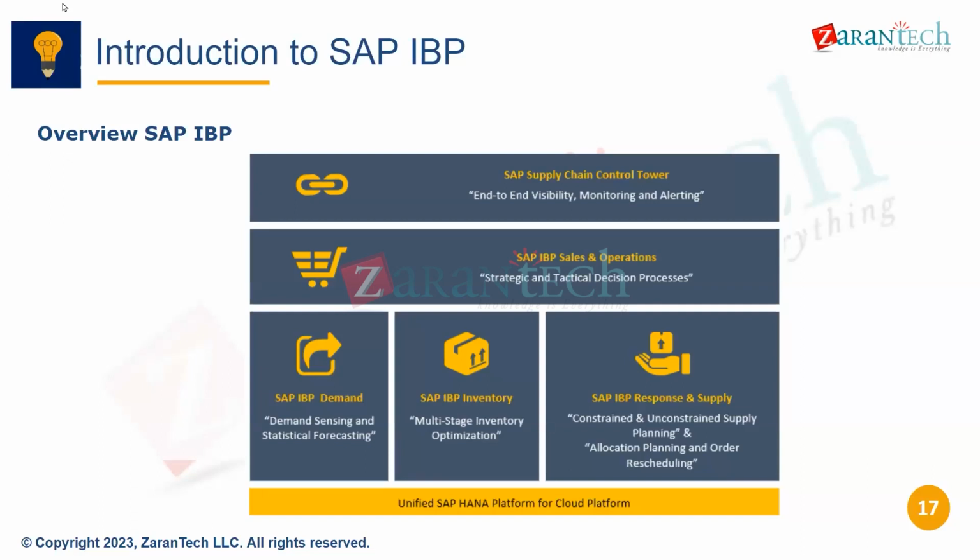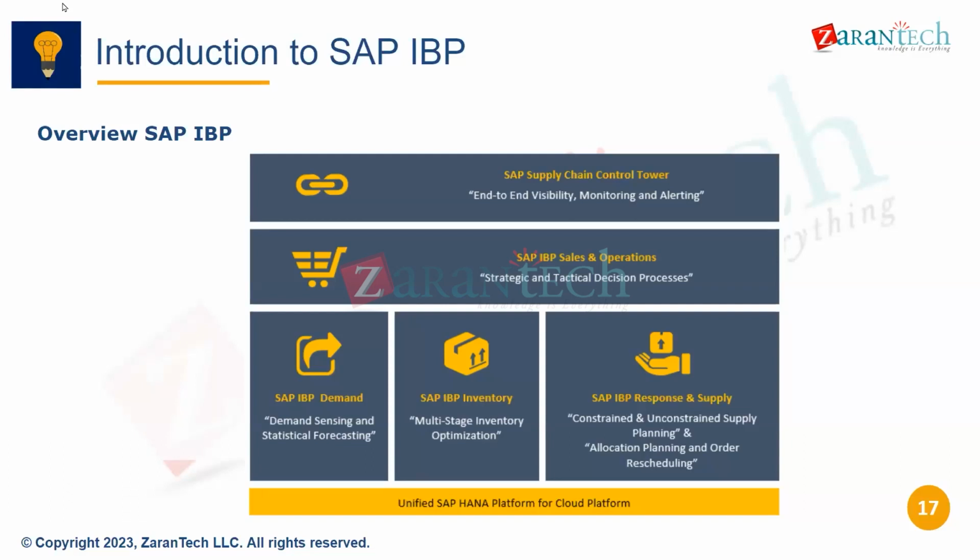So in short, in the monthly IBP cycle, at the end of the IBP cycle, there would be a report published to the top management of the organization, which tells you what exactly are the issues in demand planning, supply planning, and inventory management, and not only the issues but also the actions.